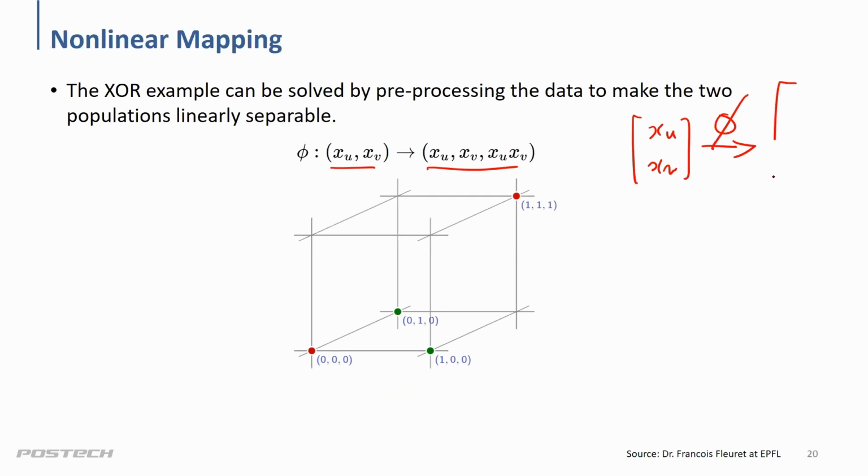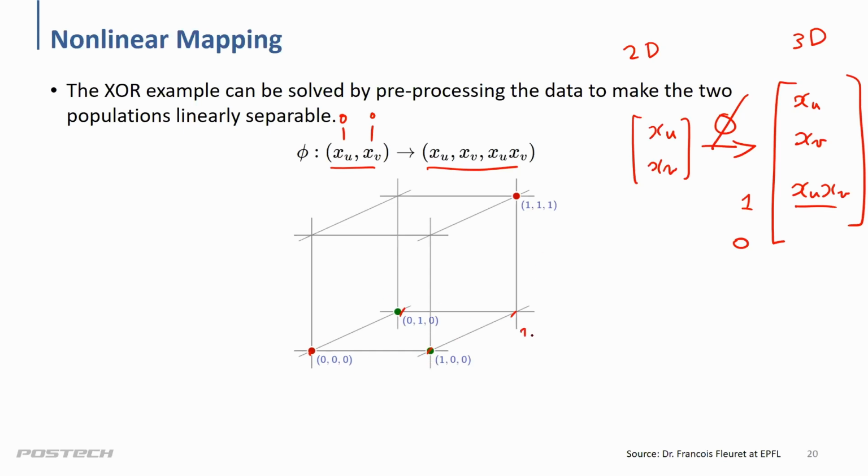I'm going to define the kernel functions here in 2D and 3D, and I'm going to do these multiplications. We know that these are either zeros or ones. So in each data point, if any of them is zero, all of them are zero. And if both of them are one, the third value will be one.